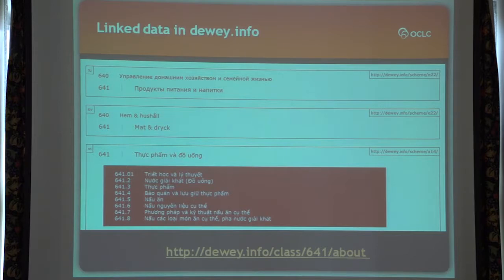So here we have the Russian, the Swedish, which are just the top levels, but because the Vietnamese has the full abridged version, there are a lot more classes in Vietnamese, English, and Italian in Dewey.info than you'll find in the other languages.